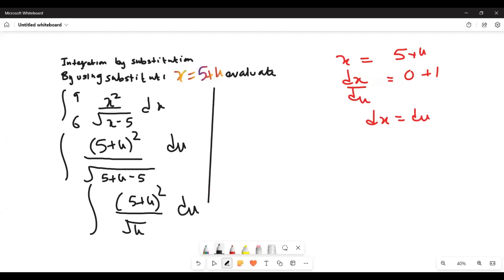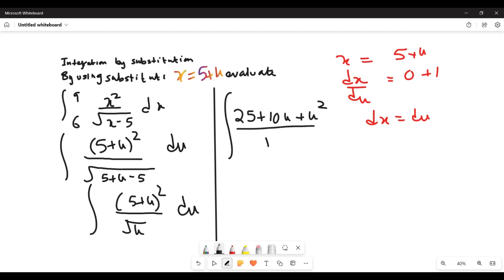Again, I'm not writing the limits. I'll write it at the very end when I convert it back into x. Okay. So now you know how to handle this from AS. Expand the numerator 25 plus 10u plus u square upon square root of u du.